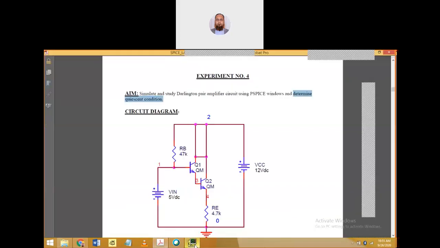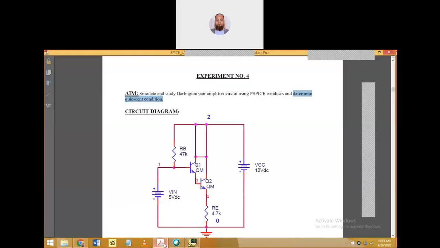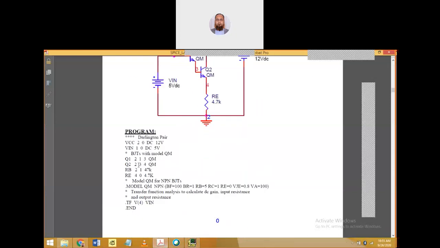So here we want the output. Here it is biasing. We have written all these things, and the model is here. First of all, we want to calculate the transfer analysis.